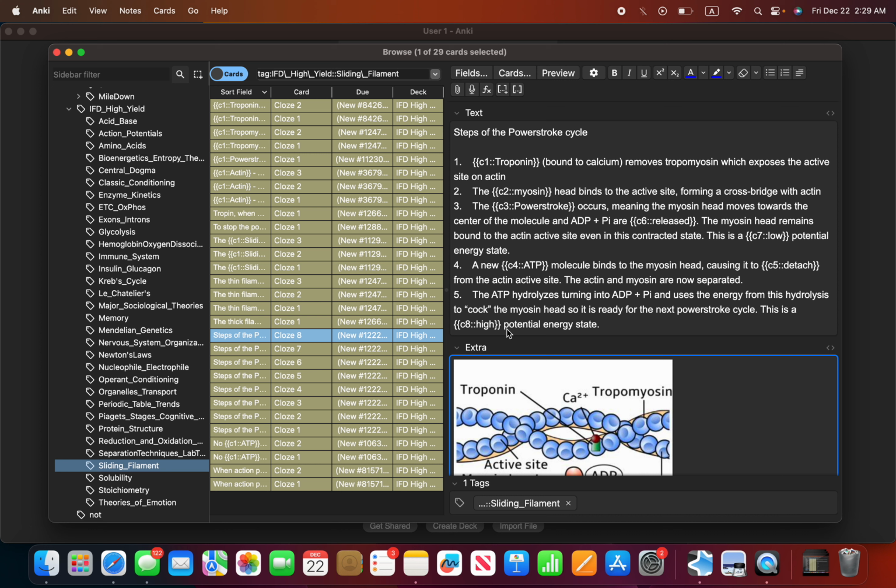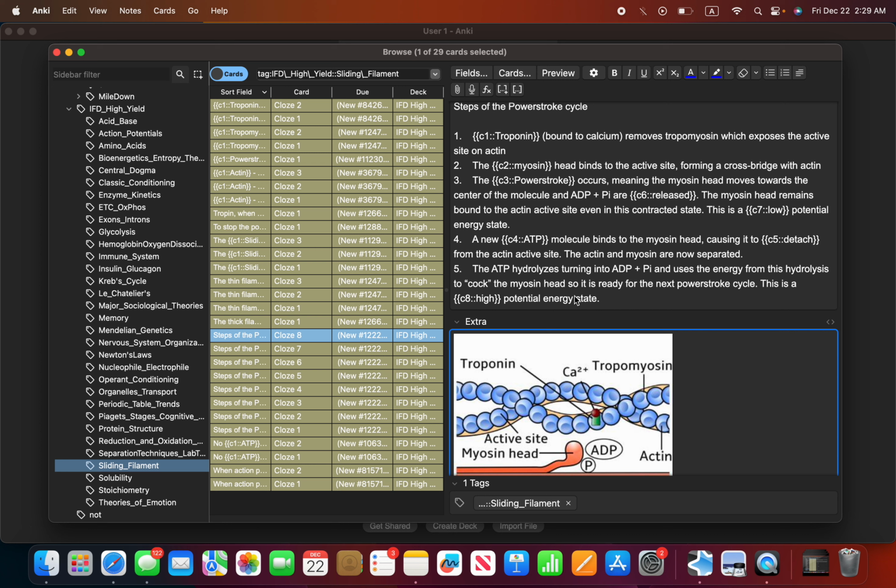And then the last step is that the ATP hydrolyzes, turning into ADP plus inorganic phosphate, and uses the energy from this hydrolysis to cock the myosin head, so it is ready for the next power stroke cycle. This is a high potential energy state.